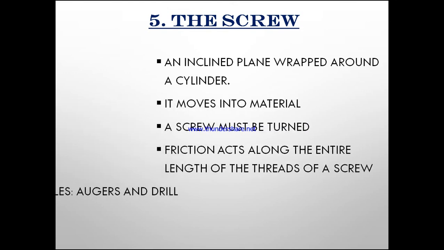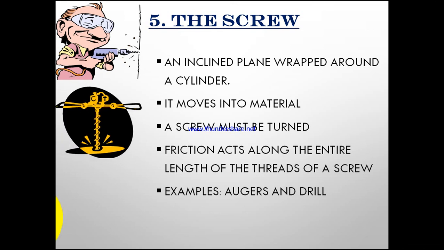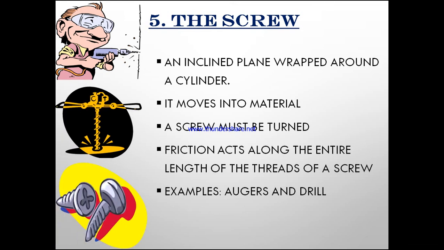The fifth is the screw. A screw is an inclined plane wrapped around a cylinder. So this is a cylinder and this is a thread. So you'll find this is around the cylinder. It moves into material; a screw must be turned. You have to make it turn just to make holes inside the walls or the wood. Friction acts along the entire length of the threads of the screw.